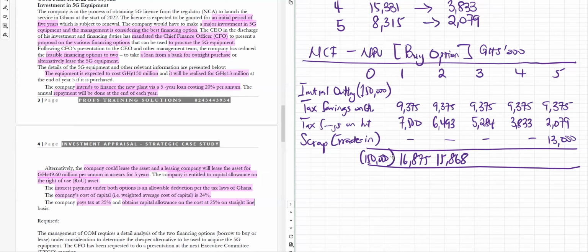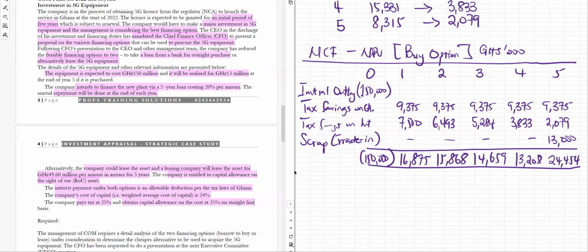Then 9,375 plus 5,284 gives us 14,659. Then 9,375 plus 3,833 gives us 13,208. Then 9,375 plus 2,079 plus 13,000, and that gives us 24,454.